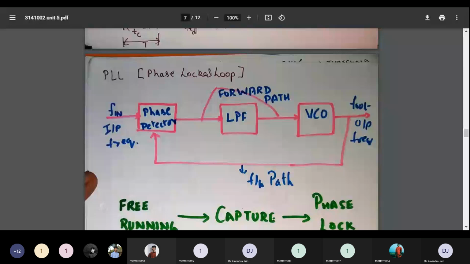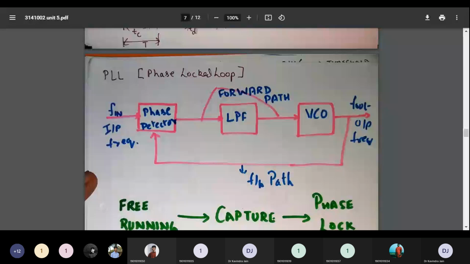The second block is the LPF block, which is commonly known as the low pass filter block. The output of the phase detector is applied to the LPF, which removes the high frequency noise.